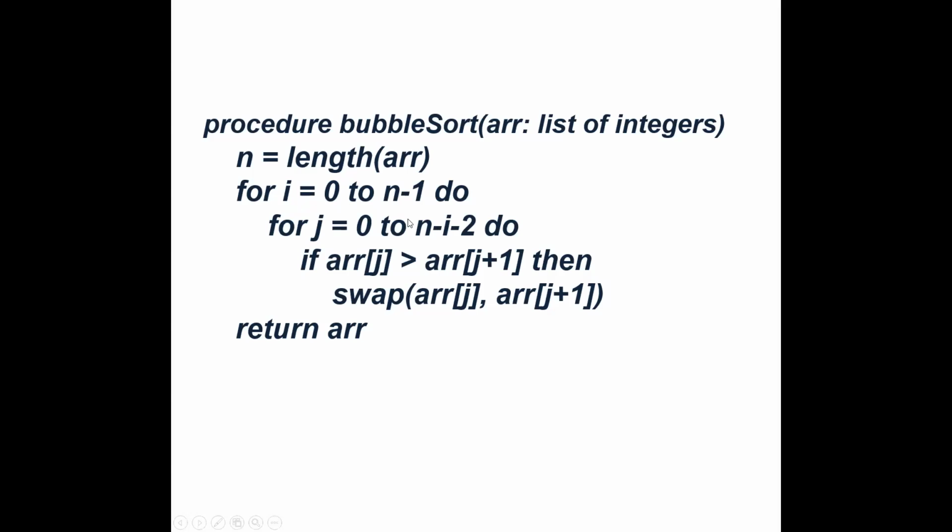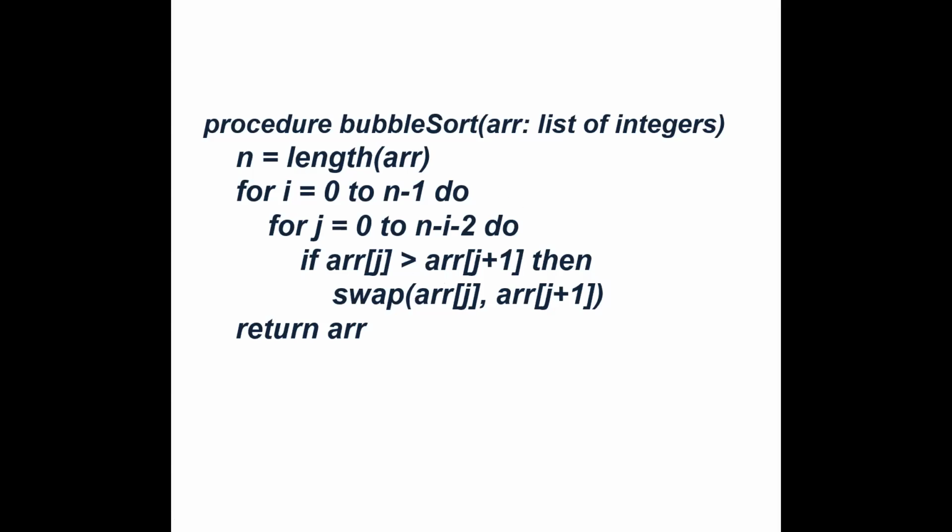Now i value is 0, so 10 minus 0 minus 2. So it will compare the first element with the next element. Now a of j is 0, and a of j plus 1 means the first number is compared with the second number. If the second number is small and the first number is greater, then if the condition is satisfied, the second number is placed in the first position, and the first number is placed in the second position.